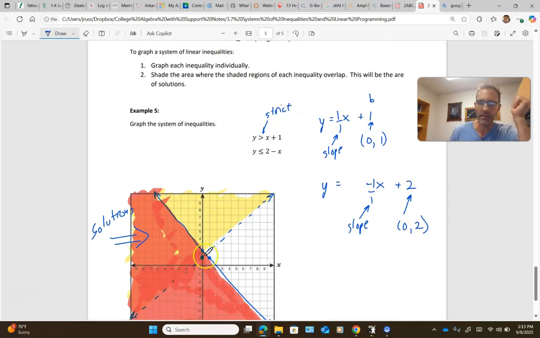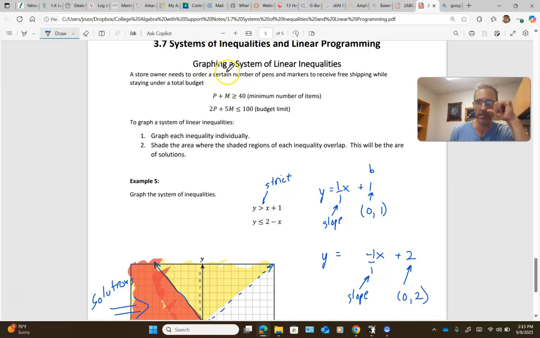But it might be a small little region, meaning there is some variation in the numbers of boxes of pins and markers that you could get, such that you're getting at least 40 to get the free shipping, but also staying within your budget. Okay. Yeah, but like I said, with some of these restrictions, I don't think that region is going to be very big, just by looking at these.